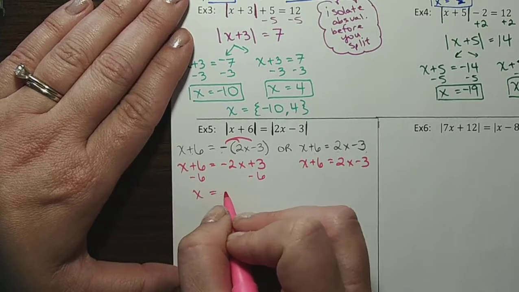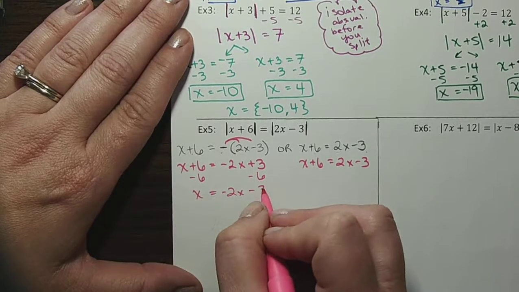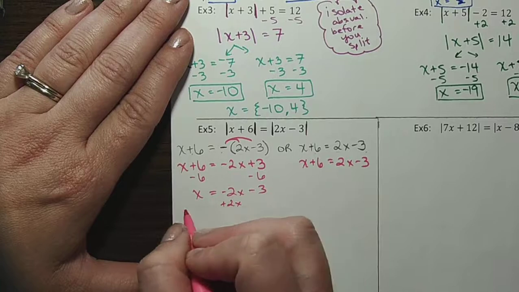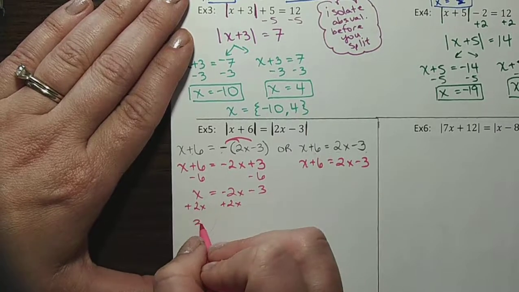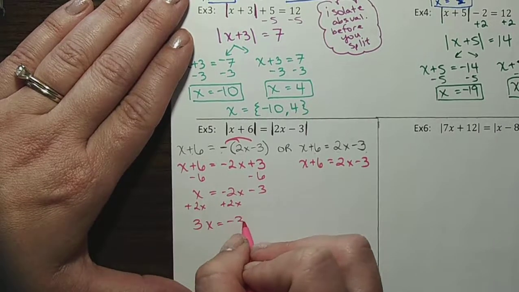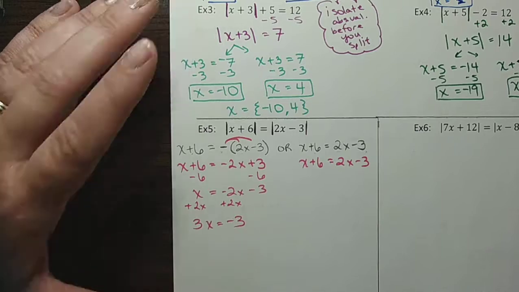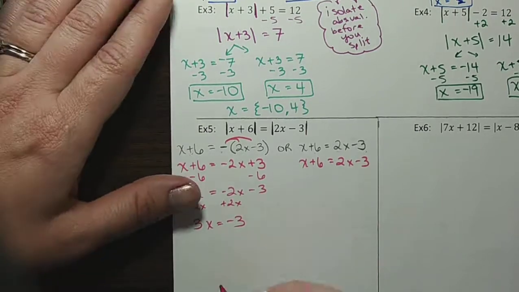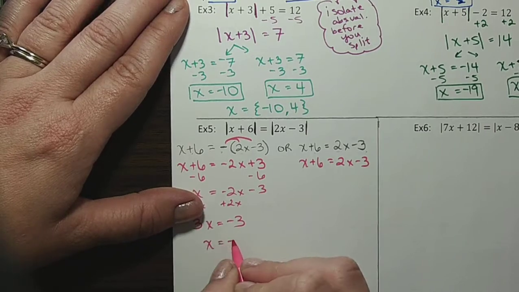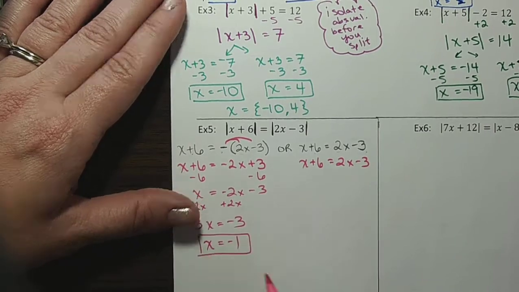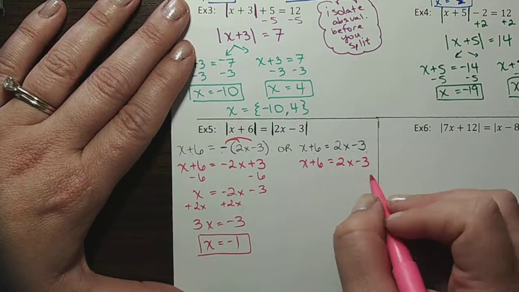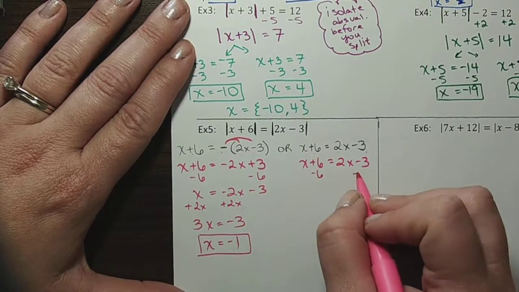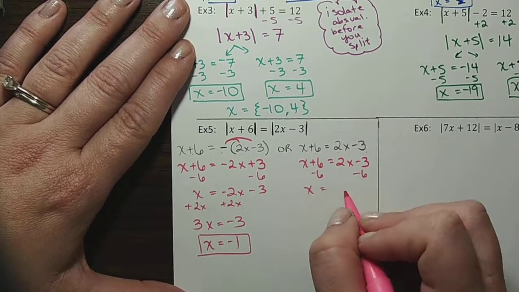However you want to solve them is fine. I'm not going to talk through all my steps here, so hopefully you'll be comfortable with solving and you can solve it however you want to, and talking through the steps might confuse you more, and I don't want to do that. So you should get x equals negative 1 for that first one. And then again, solve. You can do the same steps if you want to.